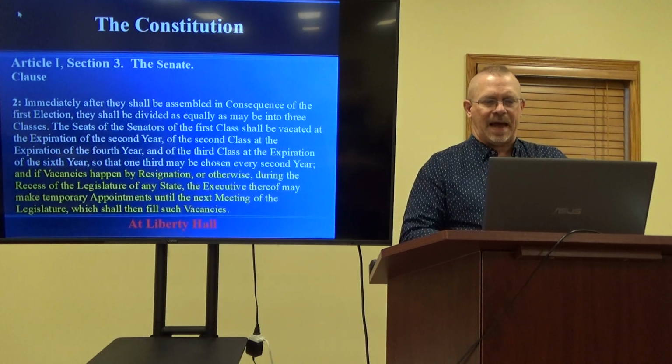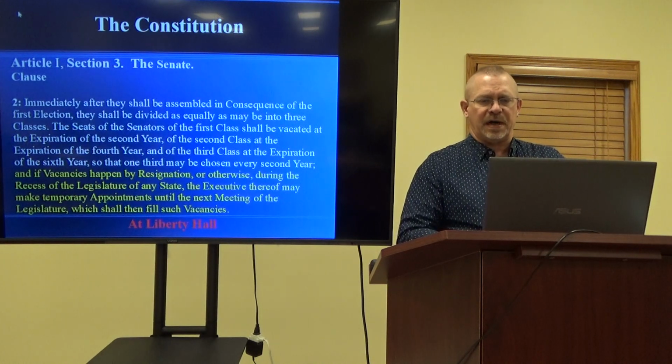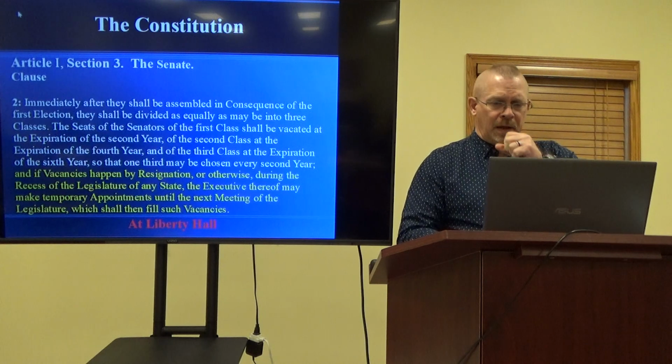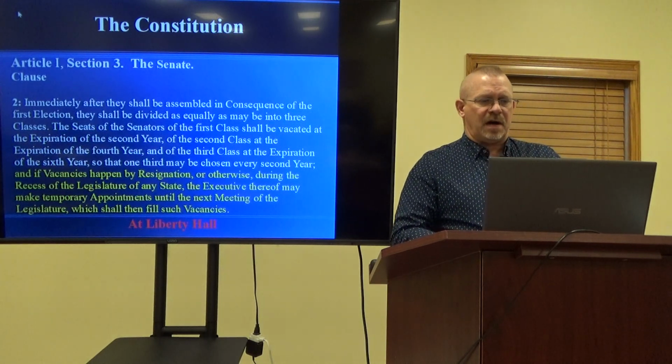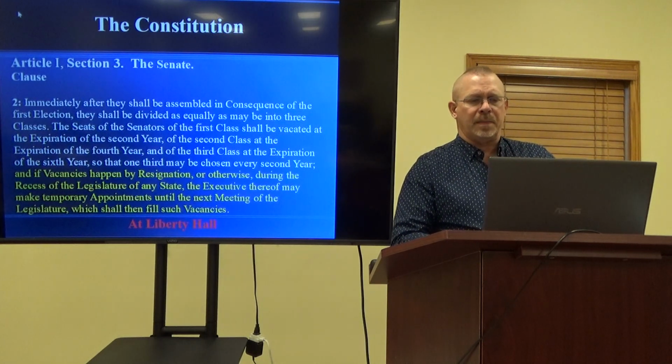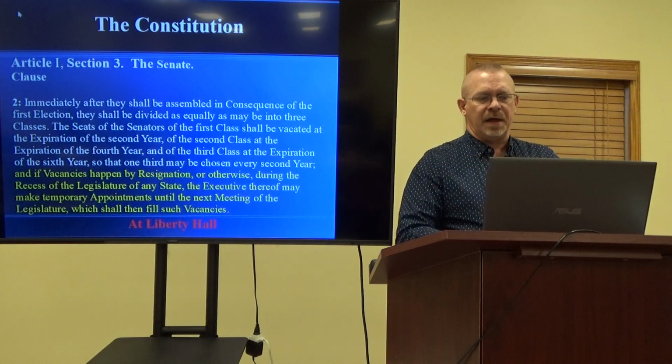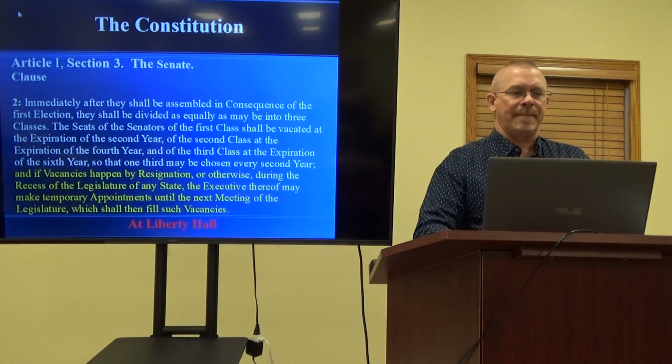And if vacancies happen by resignation or otherwise during the recess of the legislature of any state, the executive thereof may make temporary appointments until the next meeting of the legislature, which shall then fill such vacancies.